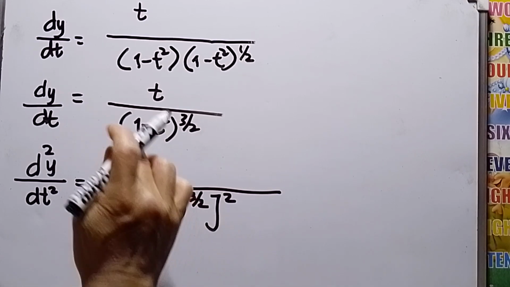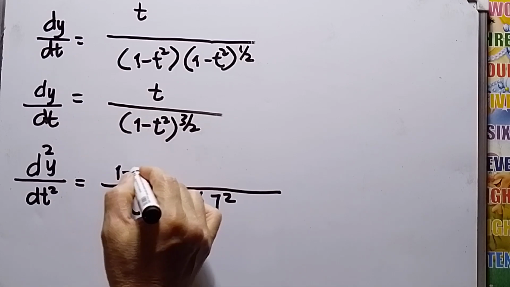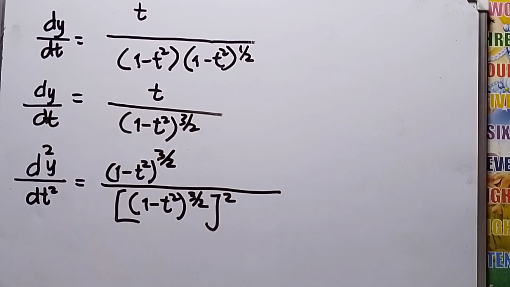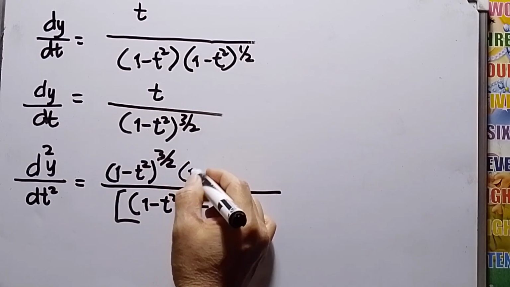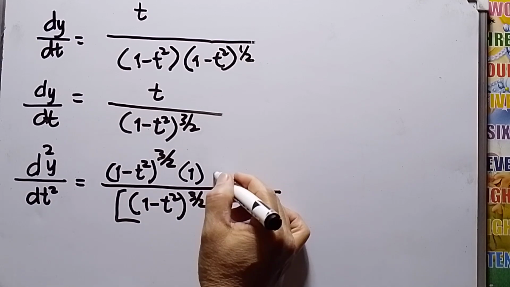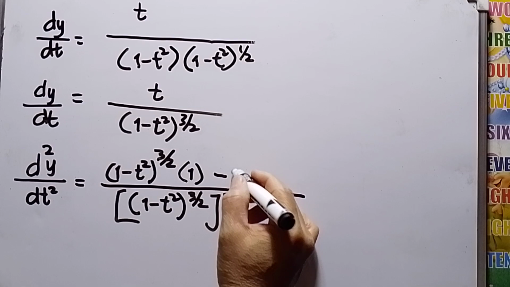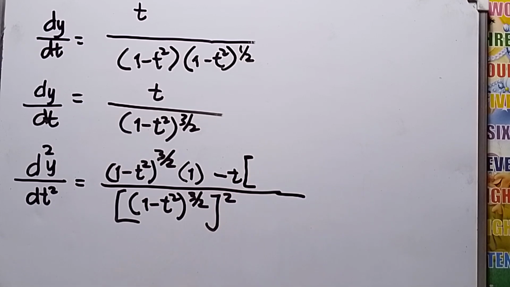Then I need to copy the denominator. This is 1 minus t squared raised to 3/2. Then derivative of the numerator, which is 1. Then minus: copy the numerator, then differentiate the denominator.